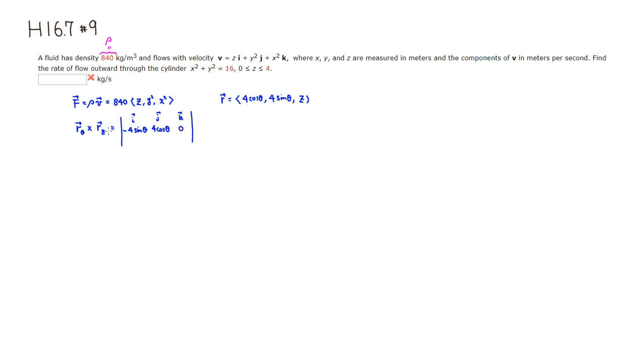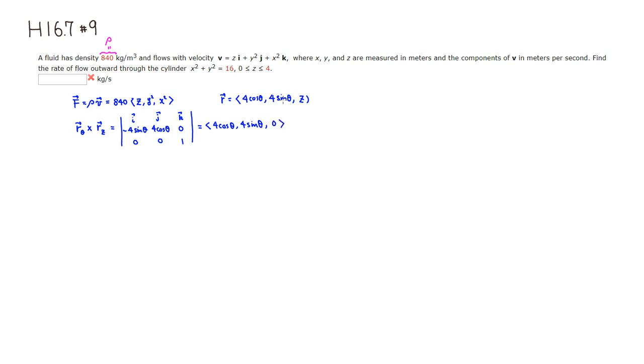And the partial with respect to z would be 0 here, 0, and the partial of z with respect to z is 1. So the first component is 4 cosine of theta, the second component is 4 sine of theta, and the last component is actually 0.